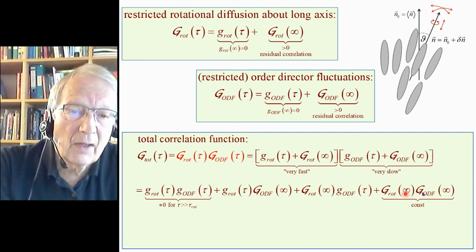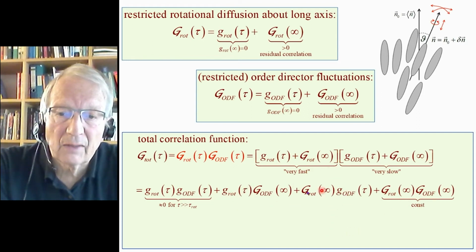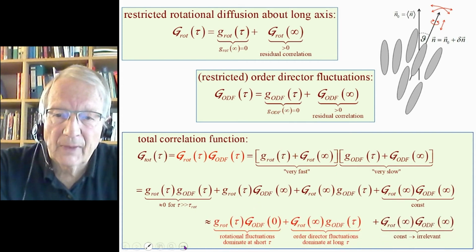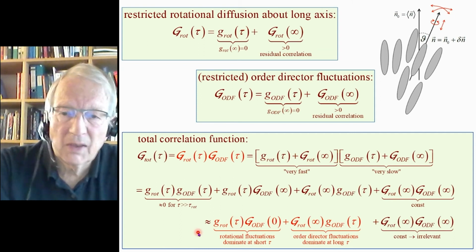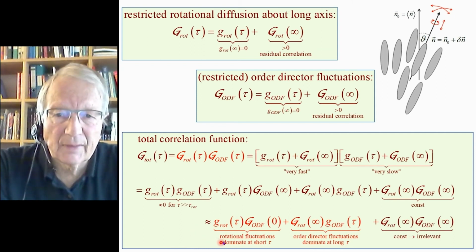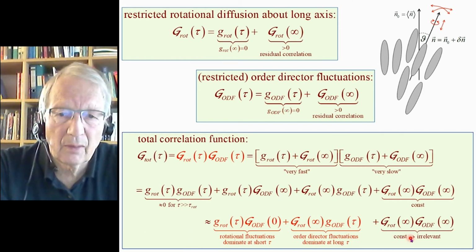And at the end, we have a product of these constants, which is not very relevant. And what remains are these 2 products. So the effective correlation function can be approximated by these 2 terms plus an irrelevant product.